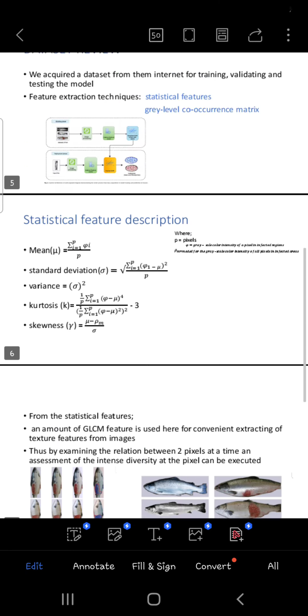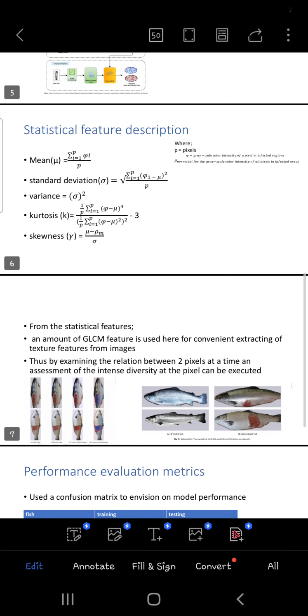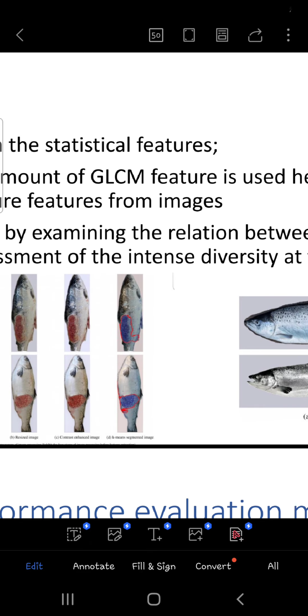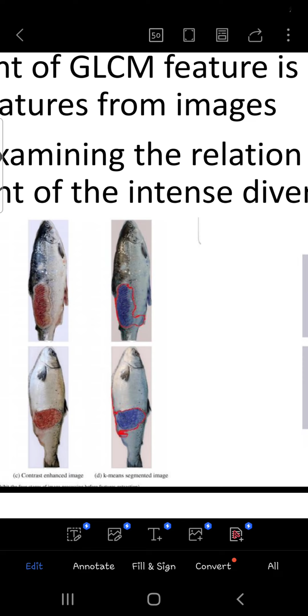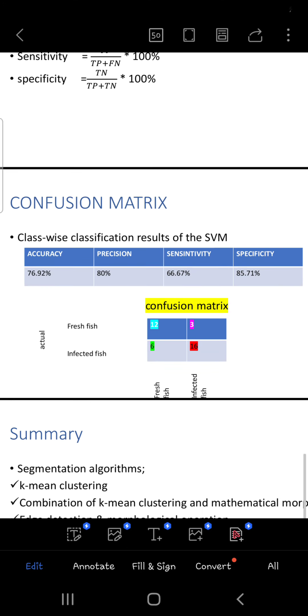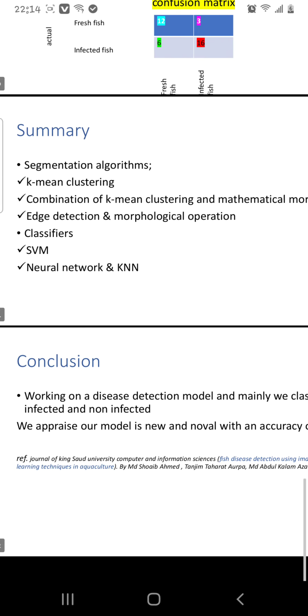As you can see in this image, the edge detection was able to detect the clear edges of the patches of the infection. Then for the classifiers, we used the support vector machine and the neural network.